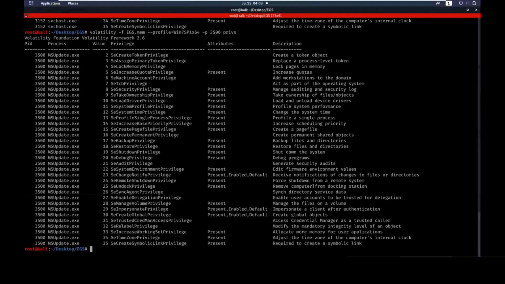We have access to the credential manager as a trusted caller. Why should a process have access to the credential manager? So this is how we can look for any malicious privilege given to a process.